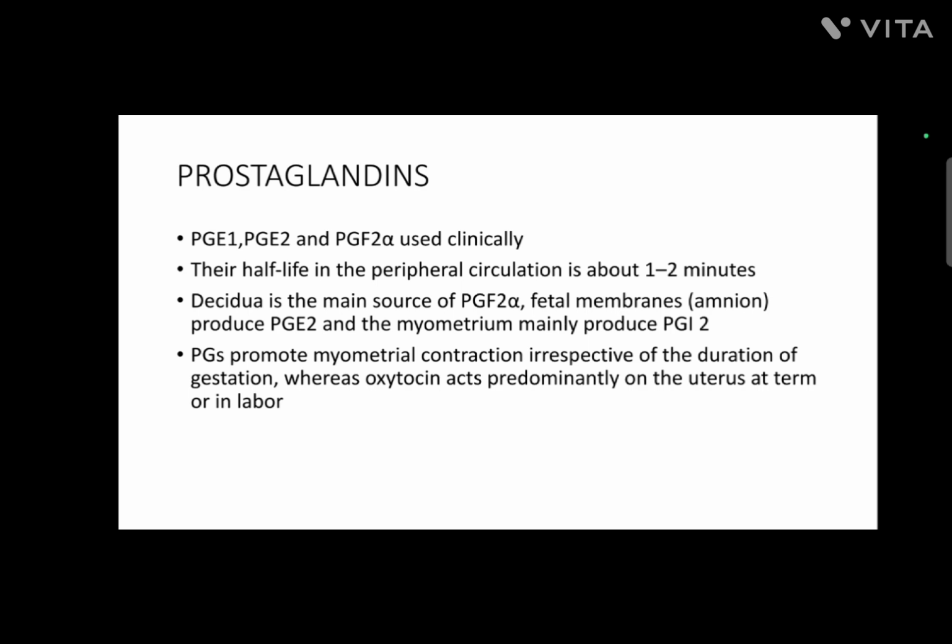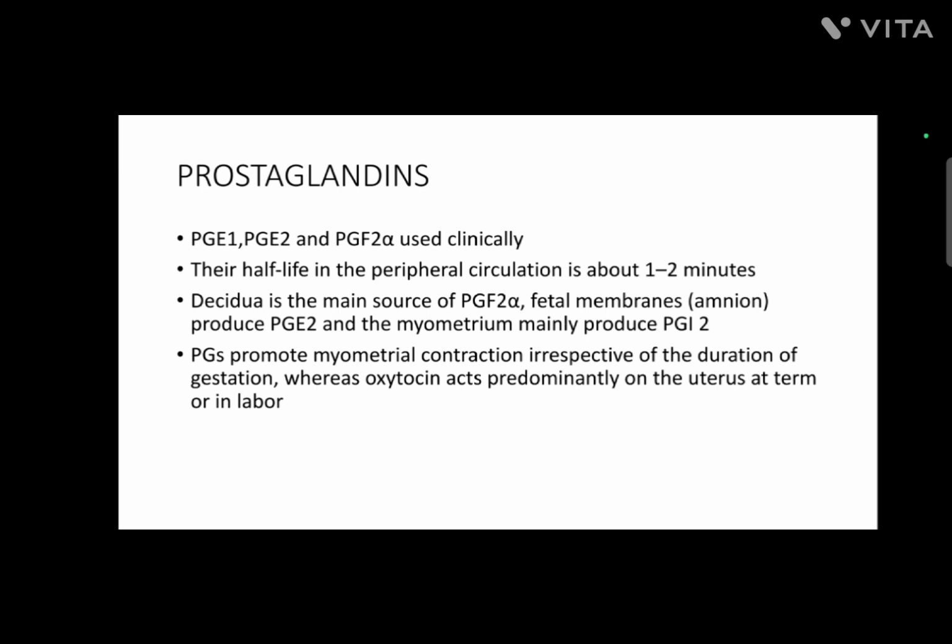So prostaglandin E1, prostaglandin E2, and prostaglandin F2 alpha. E1 we can take as an example like misoprostol, E2 is dinoprostone gel, and F2 alpha is your carboprost injection.